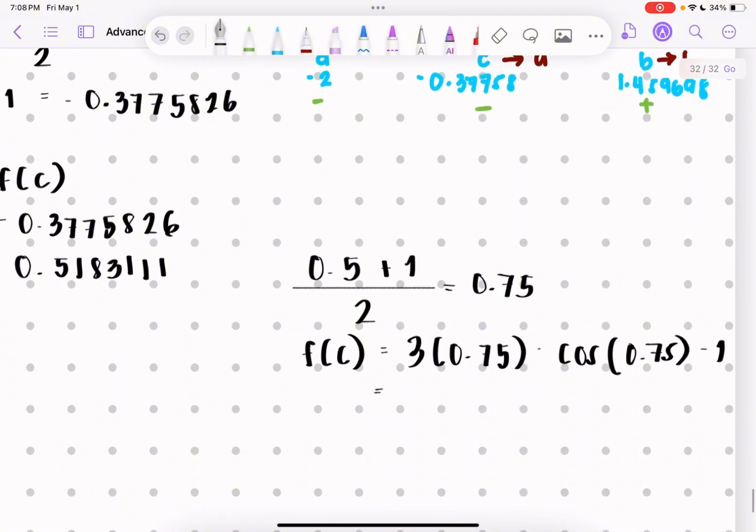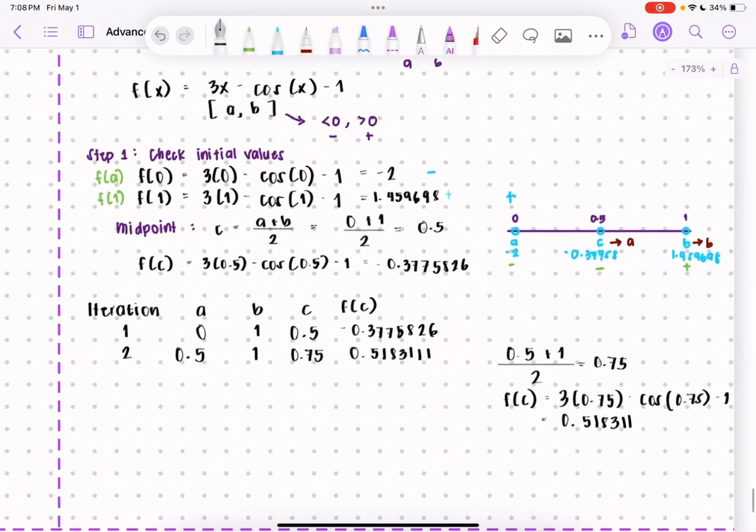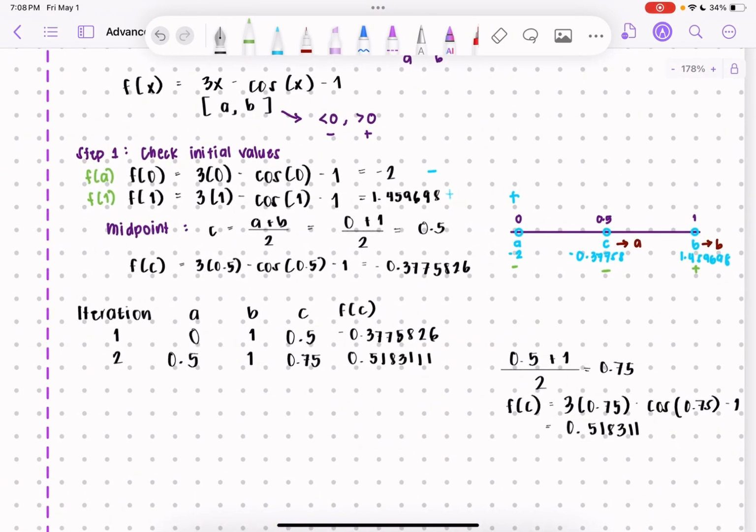And that would give us 0.518311. Now we are going to continue doing this until our value for f of C is equal to 0. So you're going to basically just iterate again and again until our f of C is equal to 0.